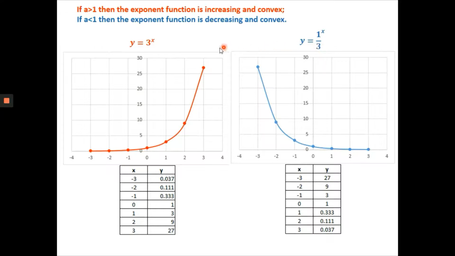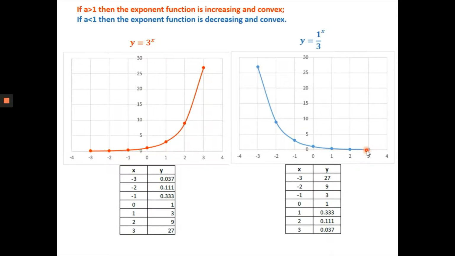And what we are showing on this slide is what we've summarized at the top here. If the base a is greater than 1, then the exponent function is increasing and convex. If the base a is less than 1, then the exponent function is decreasing and convex. And that's what we have illustrated here.